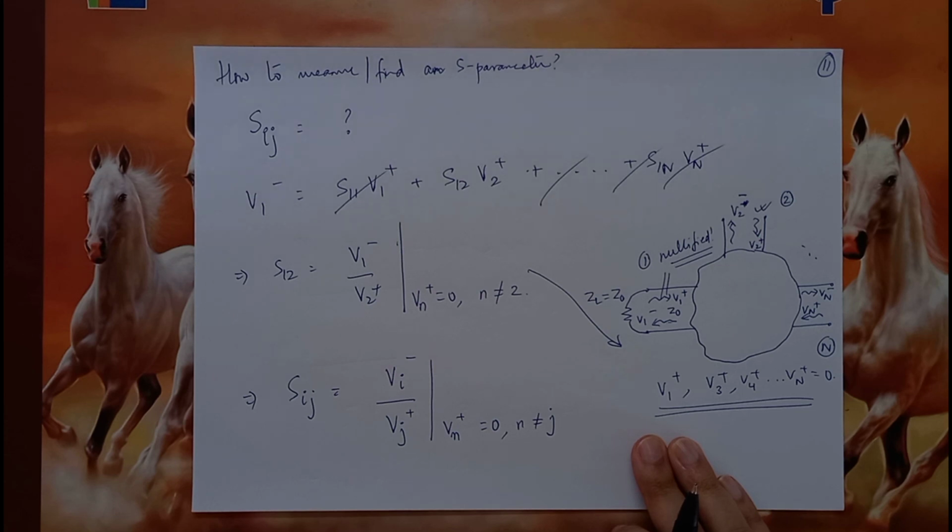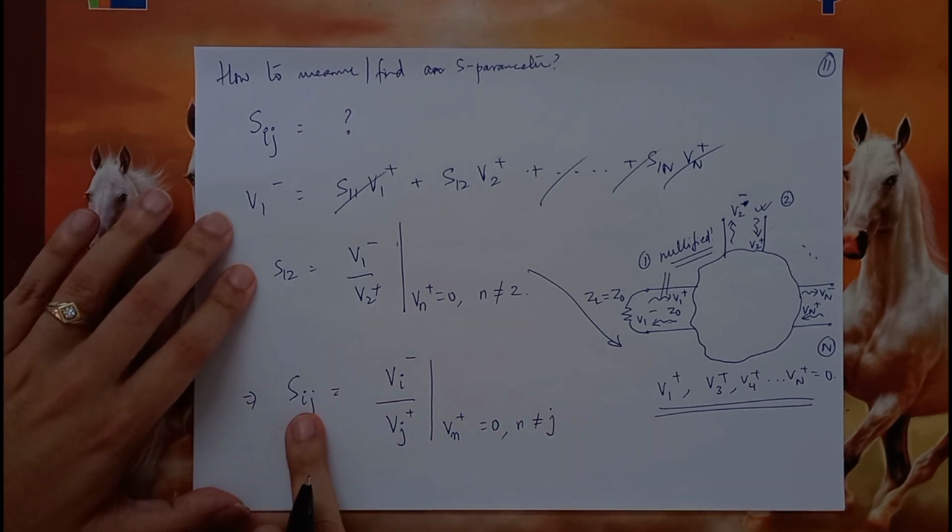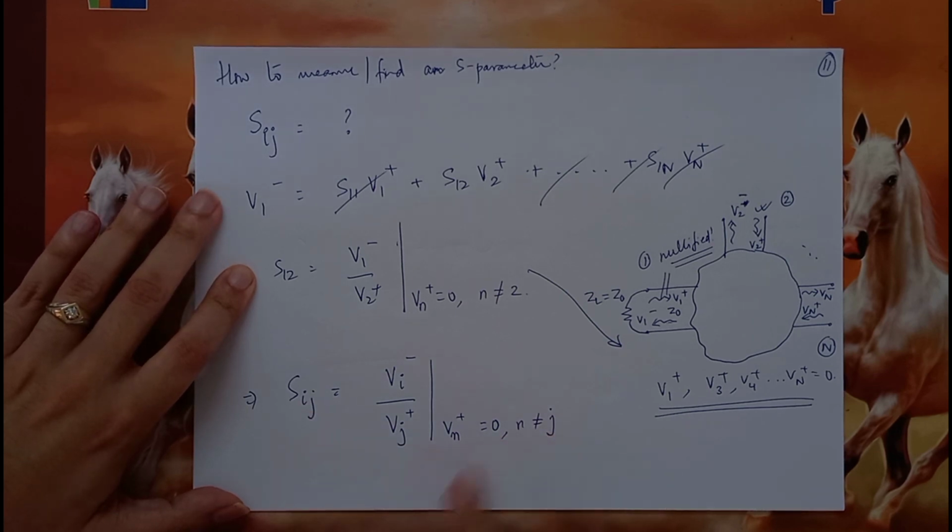So we are not at all using the open or short circuit techniques, but rather the technique of nullifying a wave. Therefore, if I want to find out Sij, then every port except the jth port must be connected to a matched load.